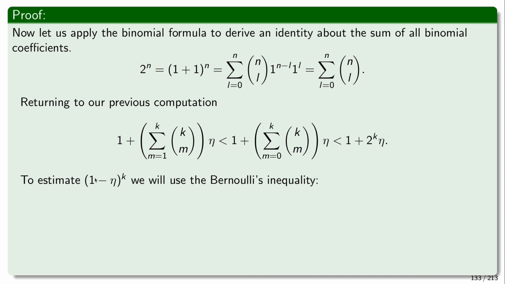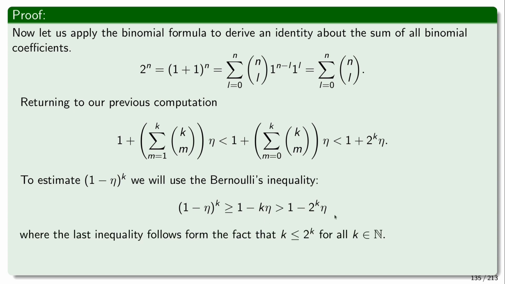So if you think of it as 1 plus x, then x here is bigger or equal to -1, because eta here is strictly between 0 and 1. And then using this Bernoulli inequality, we have this. All right, so it works here because eta is between 0 and 1. And then we've used the simple well-known inequality that 2 to the power of k is going to be greater than k to establish this inequality.